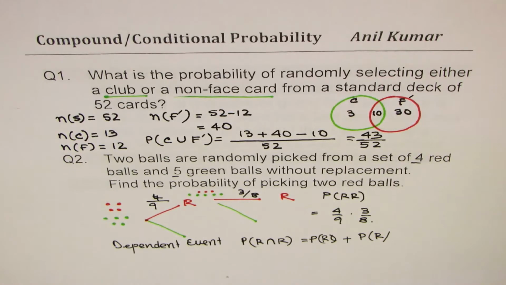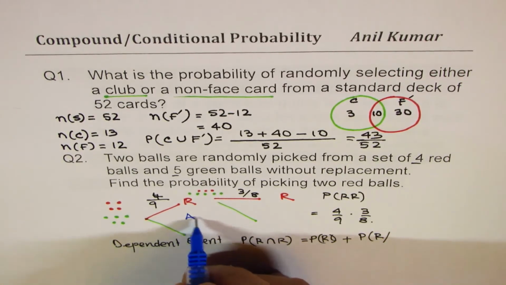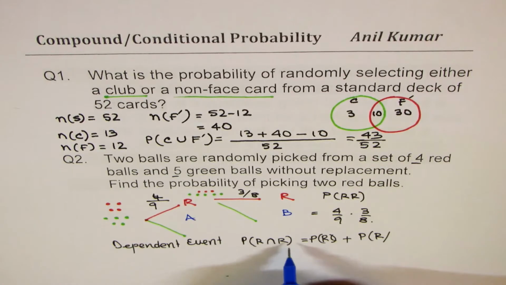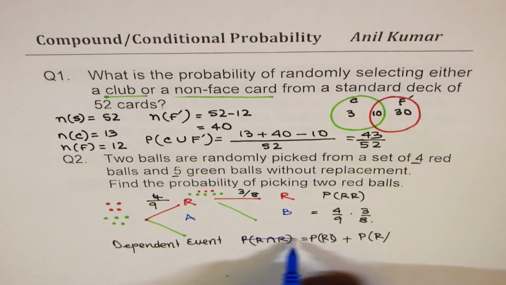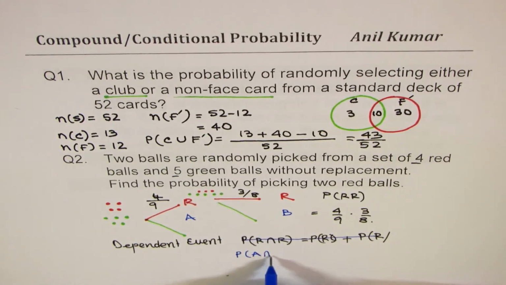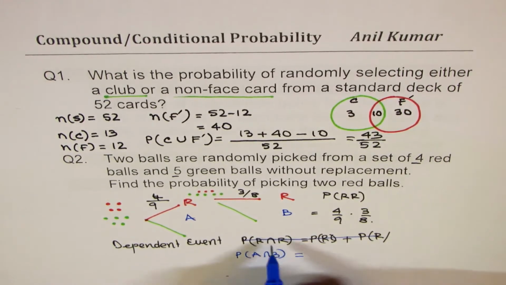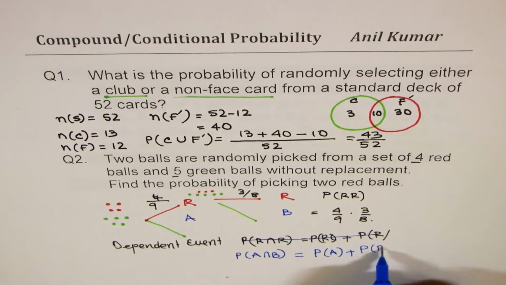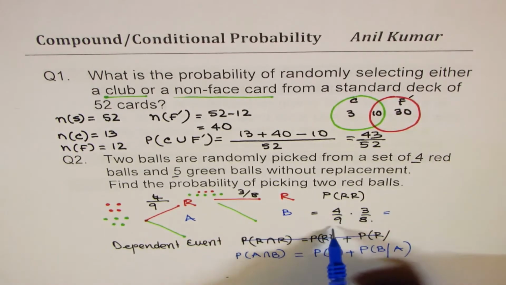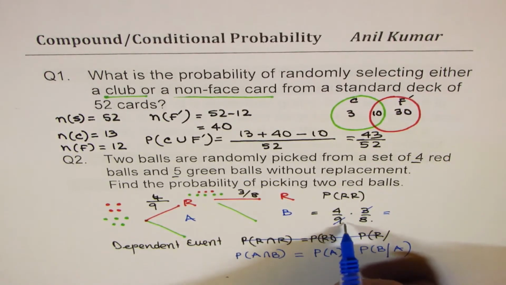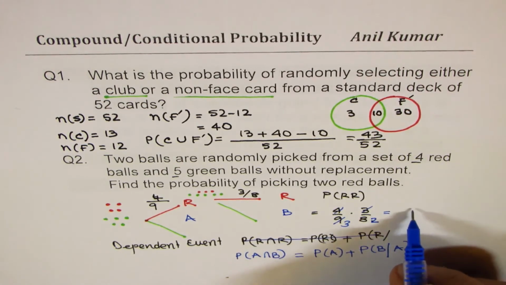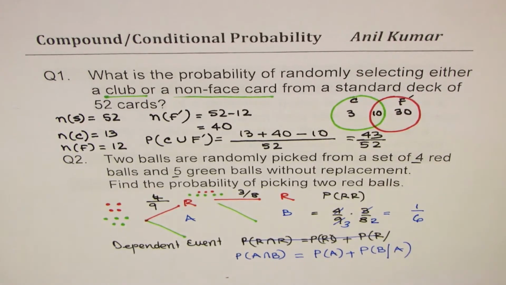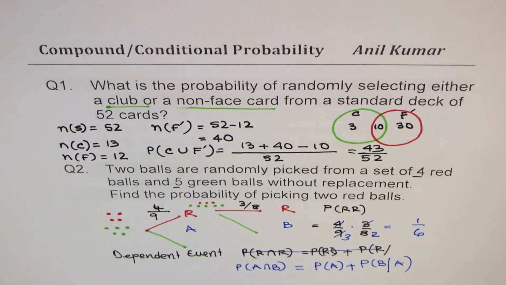I could have used the events as A and B. So let's write it like this: probability of A intersection B is equal to probability of A times probability of B when A has already occurred, right? So that is the result, right? Which you can simplify, 3 times 3 and 4 times 2. So you get 1 over 6 as your solution, right? So let's move on and do the rest of the questions.